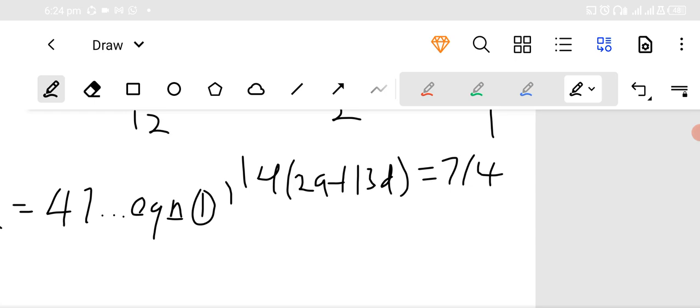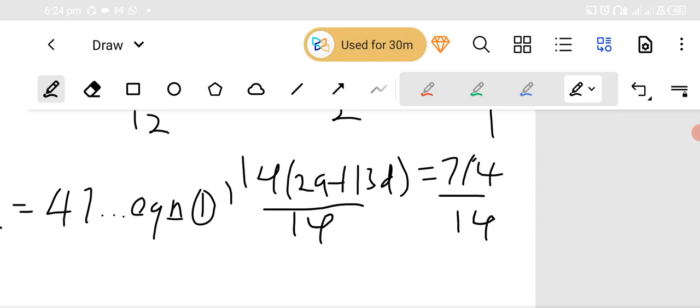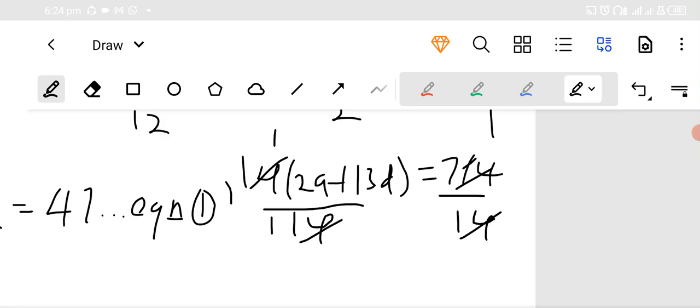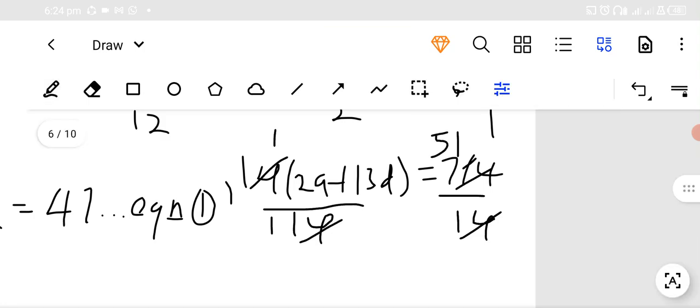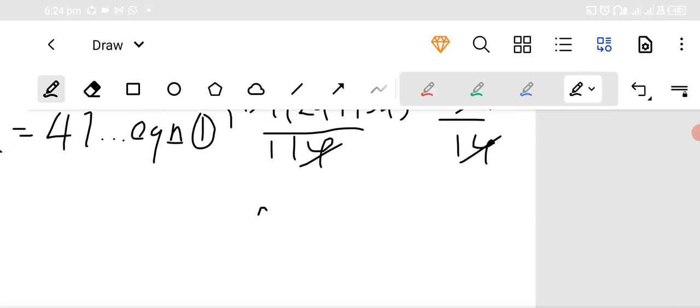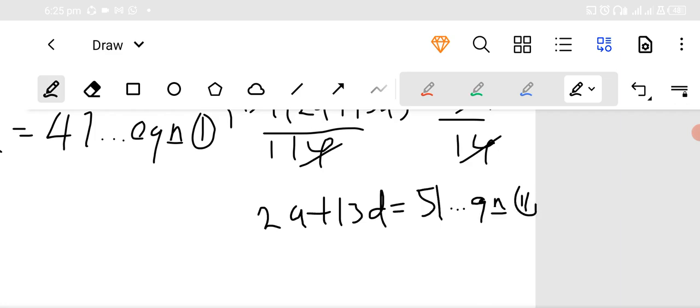This is why it's best not to simplify too much, so you're just dealing with smaller numbers in your working. So 2a plus 13d is equal to 51 as our equation 2.